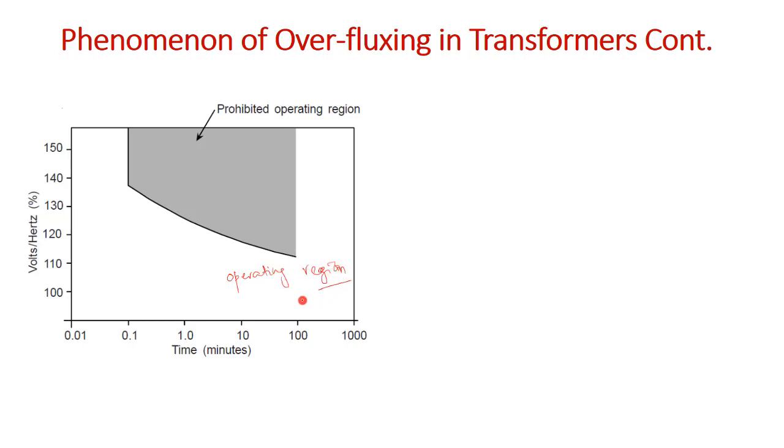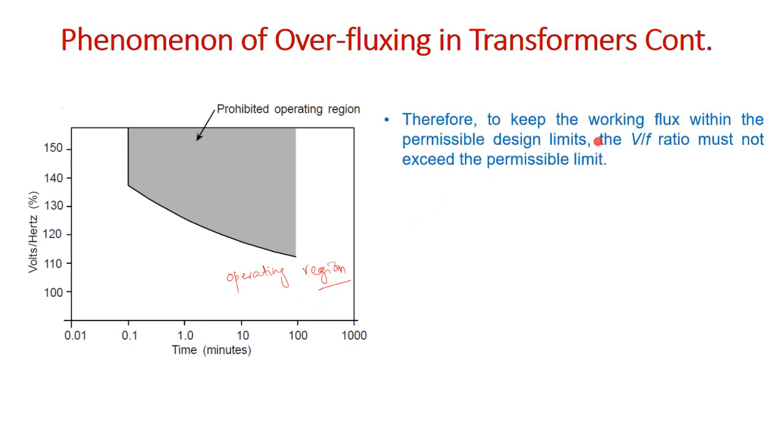Now we can see that to keep the working flux within the permissible design limit, the V by F ratio must not exceed the permissible limit. Okay, here the permissible limit of the V by F ratio is given, right?